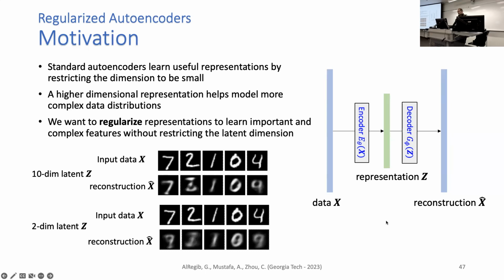And that constraint is we'd like to make it sparse, right? And here is basically the case between a z dimension of 10 and a z dimension of 2. Even both of them are really compressed compared to the 784 dimension of the input data. You see that the larger one is capturing more features in the input data compared to the lower one.